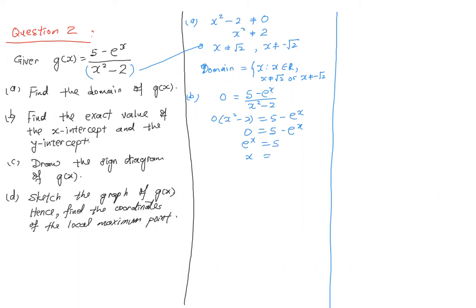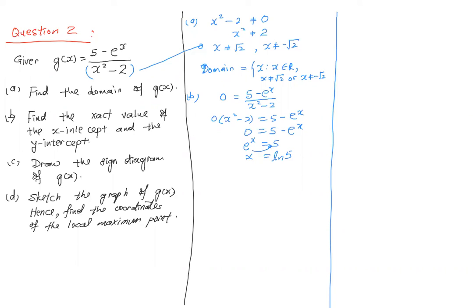Nicholas, please remember this. When you bring the e over, it becomes ln 5, because they are inverses. So this is the x-intercept, exact value. Just now you gave me 1.6, which is an approximate value. So this is the exact value. Do you see the word I put here, exact? If in the exam you give me 1.6, I give you 0.